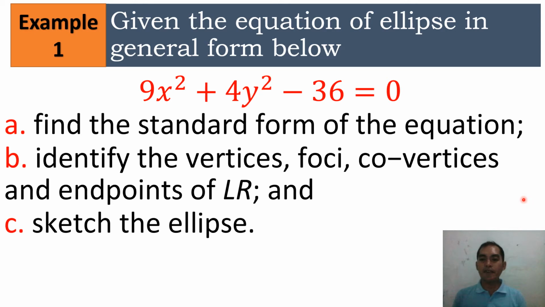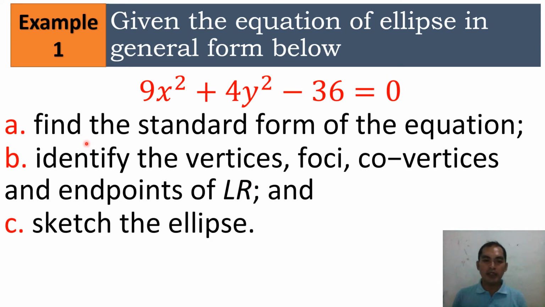Let's proceed to the first example. Given the equation of an ellipse in general form, we have 9x squared plus 4y squared minus 36 equals 0.